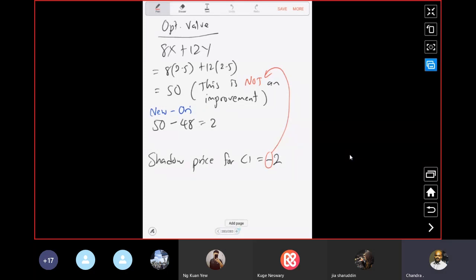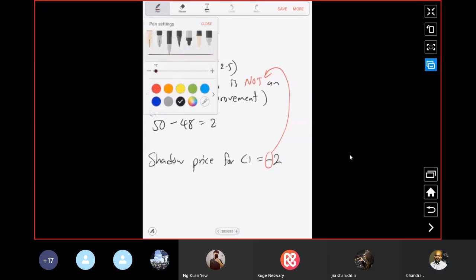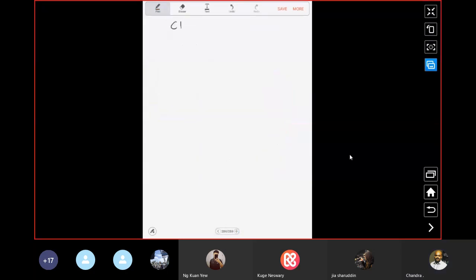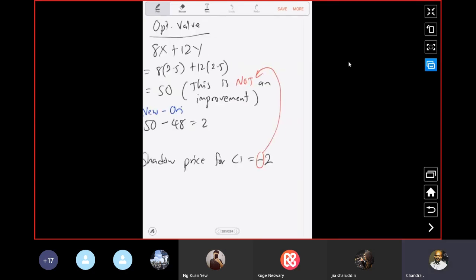Let us compute for the second binding constraint. This is the original. The first equation I don't change. The second equation I increase by 1, to 11. The original was 10 just now, and I increased by 1 here.